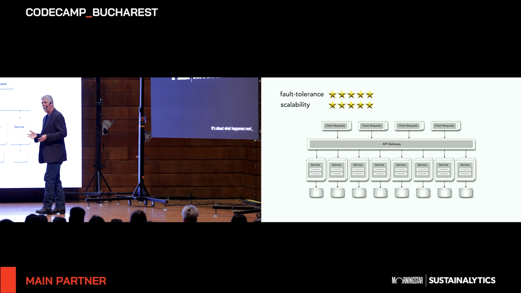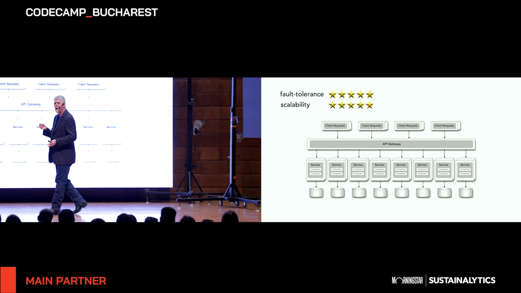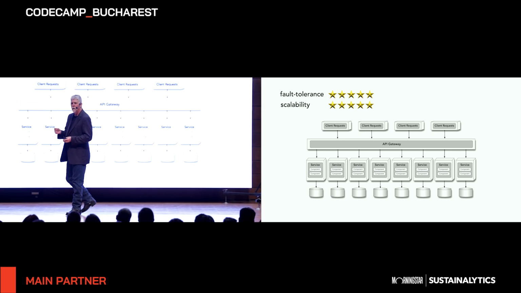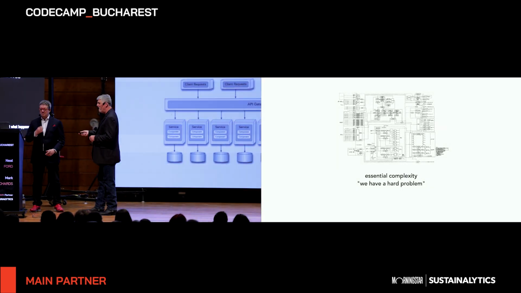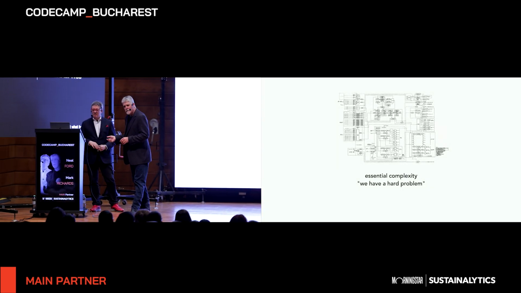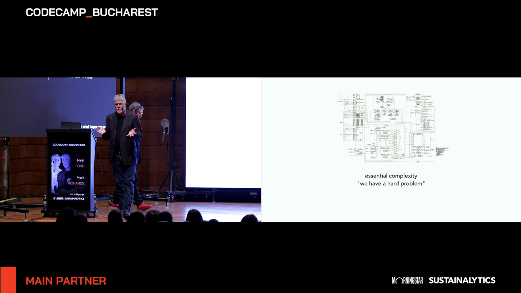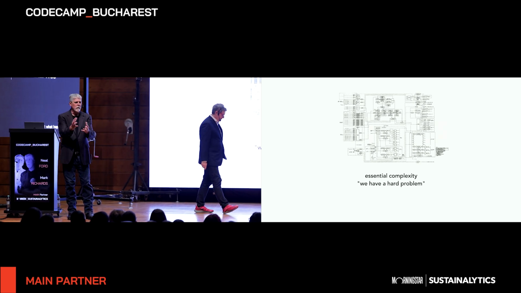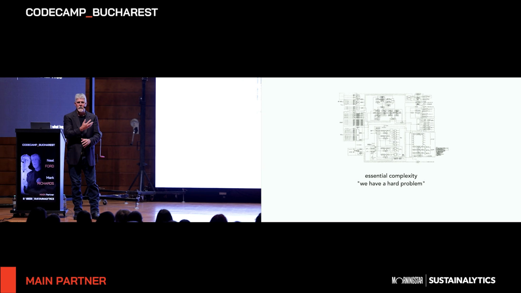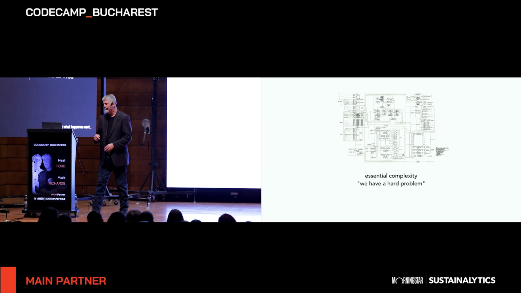Accidental complexity, where we make problems hard, occurs all the time. So what Neal's going to do is actually show you a tour of the other kind of complexity, essential complexity. And then we're going to switch gears and actually show you ways of tackling these problems.